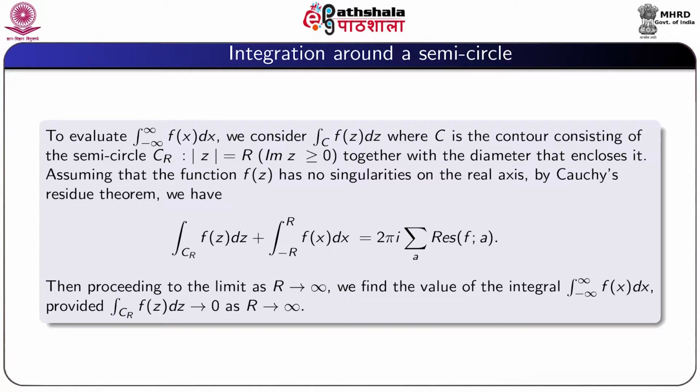Then proceeding to the limit as R tends to infinity, we find the value of the integral from minus infinity to infinity of f(x) dx, provided the integral over C_R of f(z) dz tends to 0 as R tends to infinity.